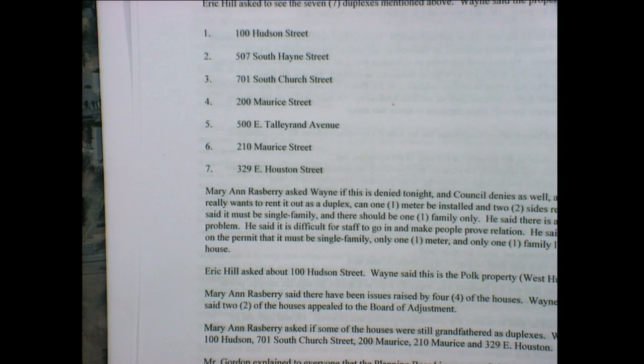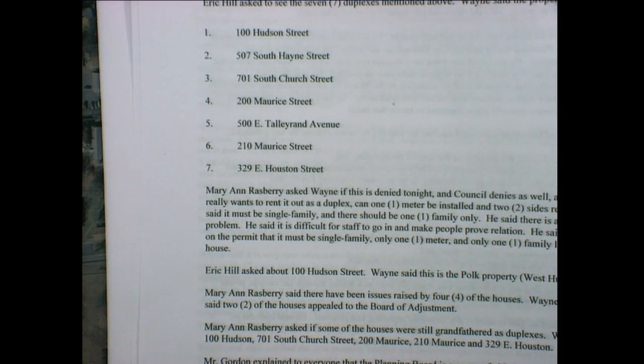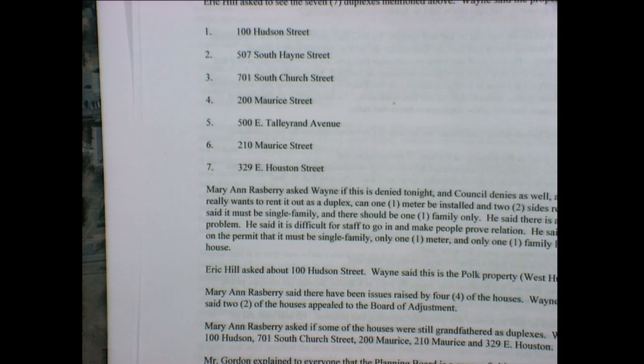So this house is in the same general vicinity? They are. Other than the church, the Maurice, Talleyrand, yeah, thereabouts. They're not adjacent to each other, but they're in the same vicinity. Yeah, I'd probably say so.